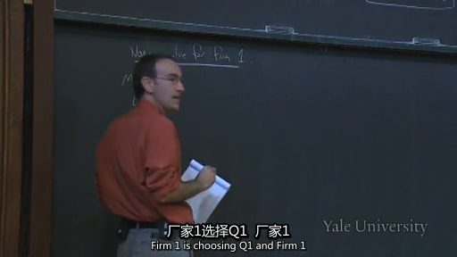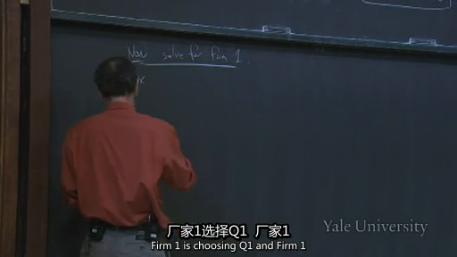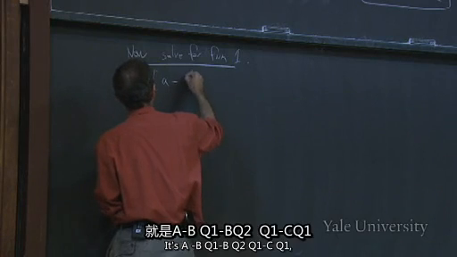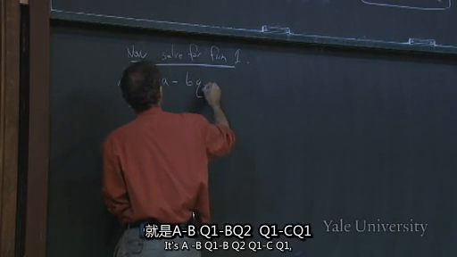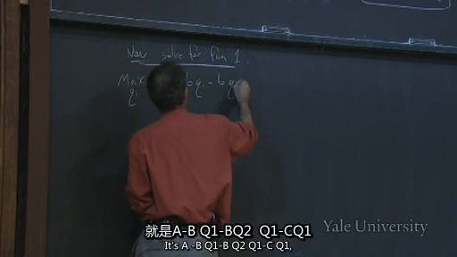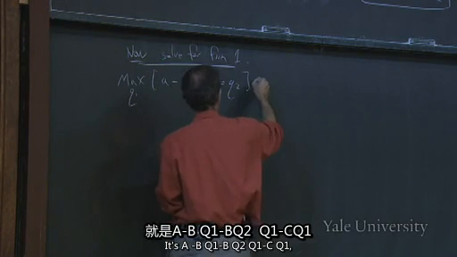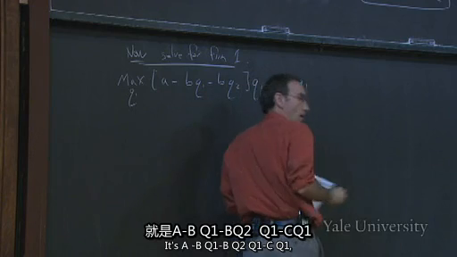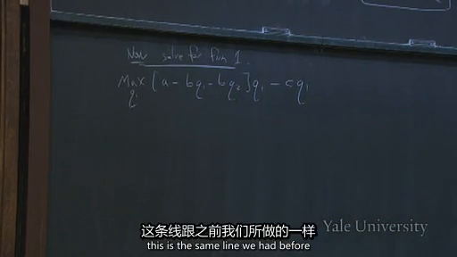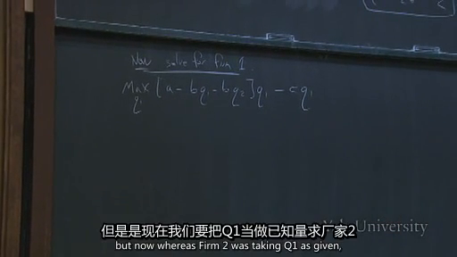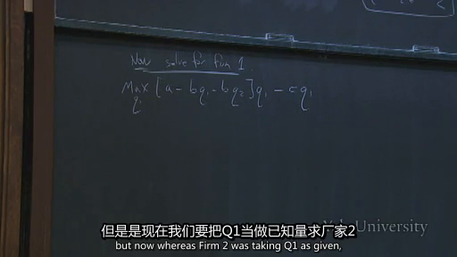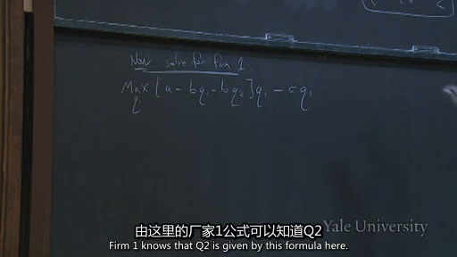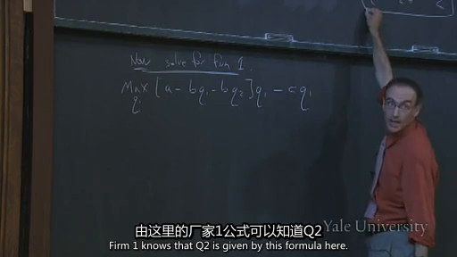Firm 1 is choosing Q1, and at least initially, it looks like the same problem: (A minus B Q1 minus B Q2) times Q1 minus C Q1. This is the same line we had before, but whereas firm 2 was taking Q1 as given, firm 1 knows that Q2 is given by this formula here.